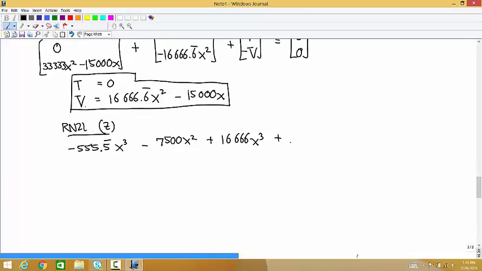Then plus m minus vx equals 0. So m is equal to negative 11,111.1 repeating x cubed plus 7,500x squared plus vx.